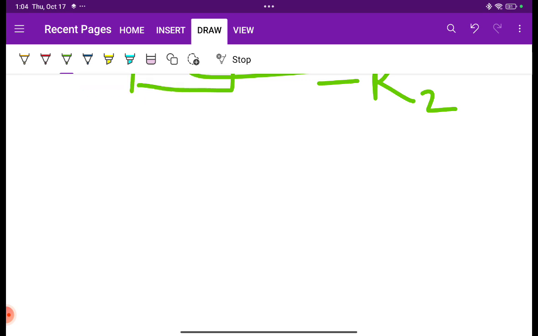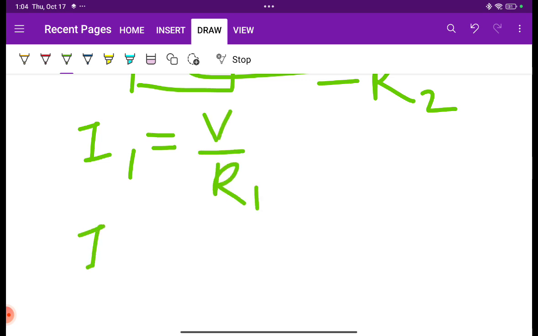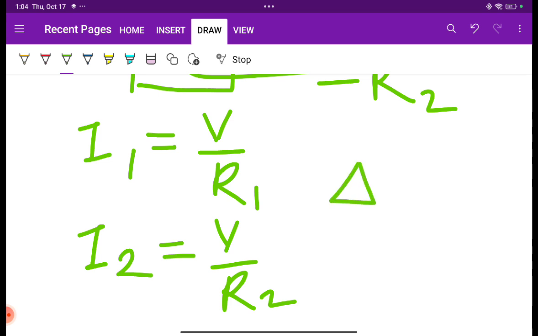When, due to the external load, the surface deforms a little bit, the current on the strain gauge before the deformation will be I1, and the current after the deformation will be I2. Therefore delta I will be I2 minus I1.